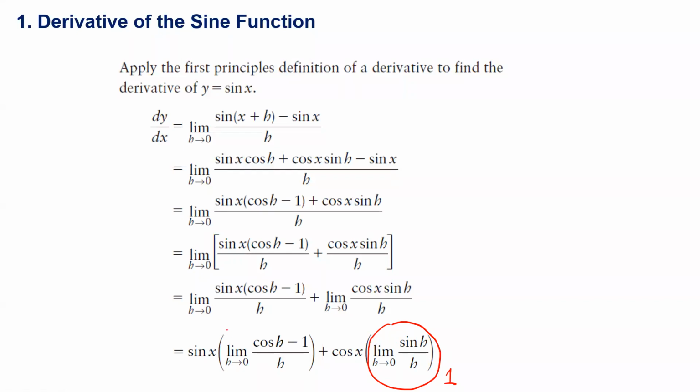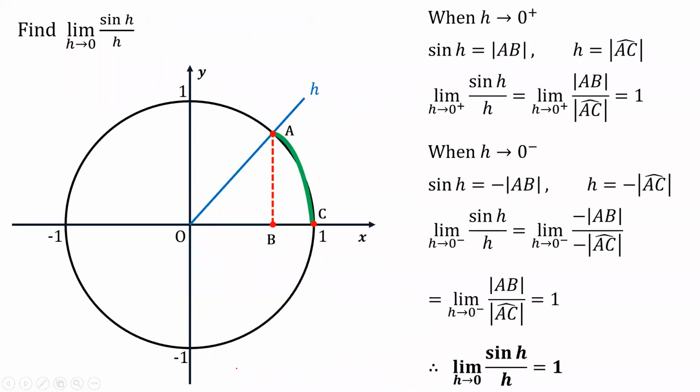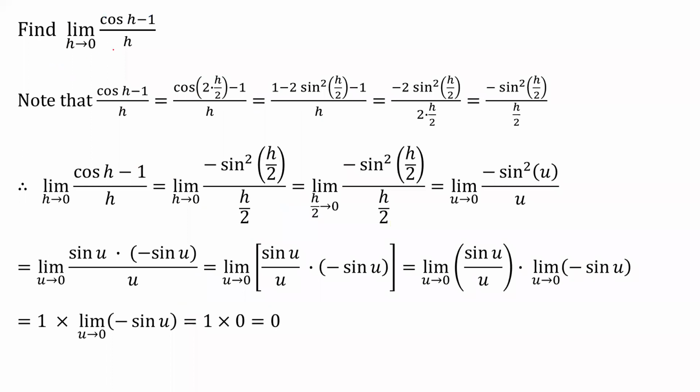Then let's consider another limit here, the limit of cosine h minus 1 over h when h approaches 0. Well, we can actually solve this limit in this way. So note that cosine h minus 1 over h equals cosine of 2 times h over 2, minus 1, over h, right?